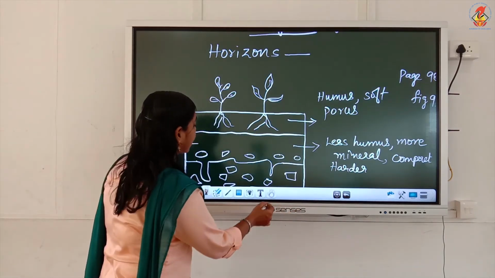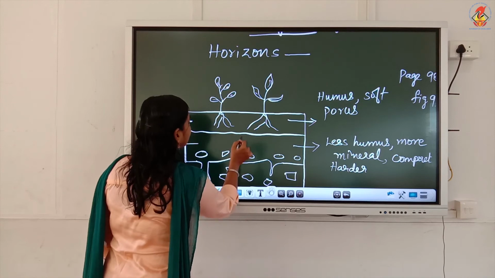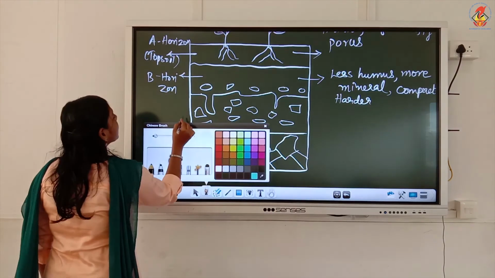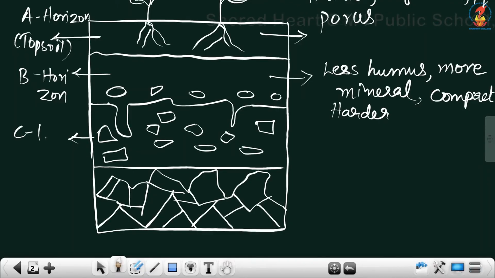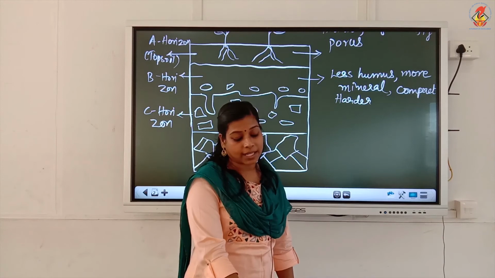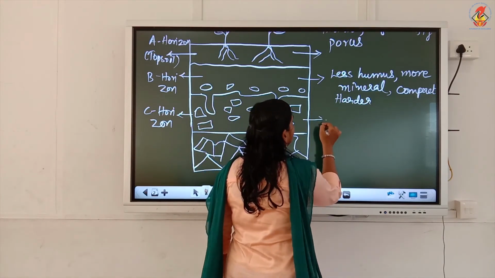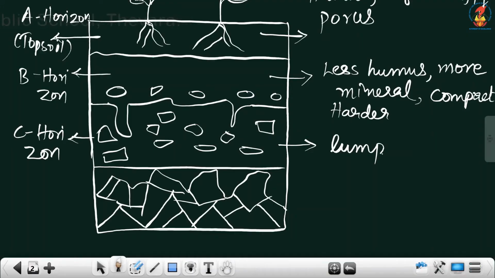Then we can see the third layer, the C horizon. There we can see some rocks. The third layer, the C horizon, is made up of small lumps of rocks, and here we can see cracks and crevices.